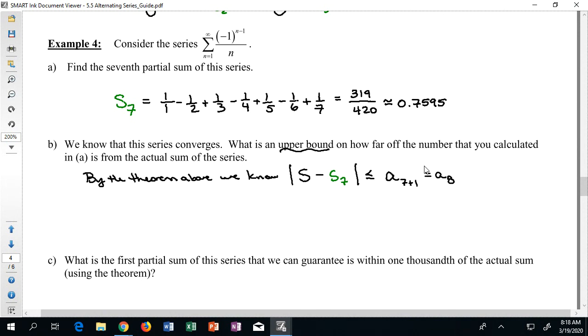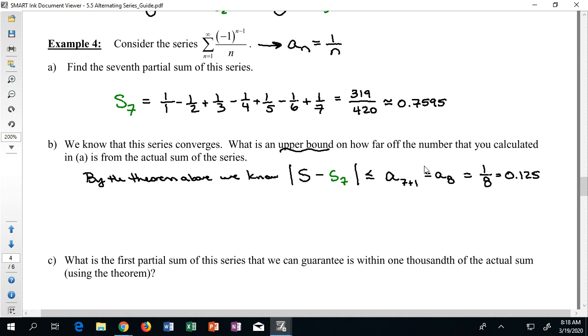Now, if I go back to my series up here, I should be able to determine what A sub n actually is. Remember, that's the portion of the series that doesn't have the negative on it. So this would still just be 1 over n, which means that the 8th term should be 1/8, or as a decimal, 0.125.